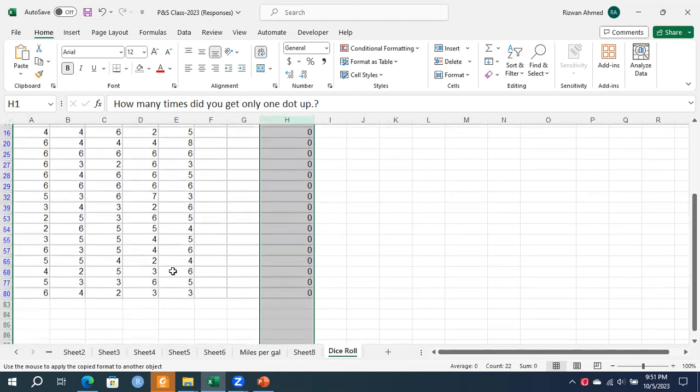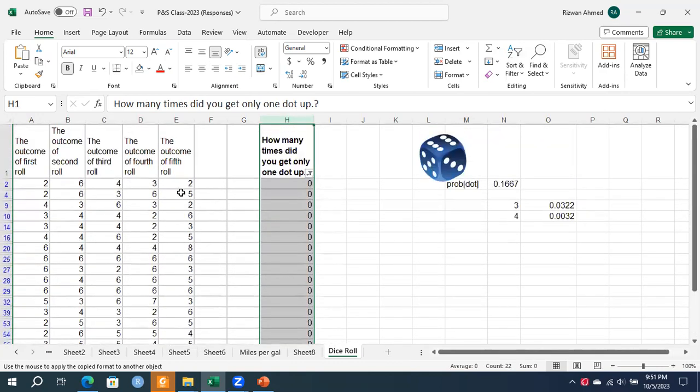So therefore these are the experiments in which the experimenters were unlucky, and they didn't get the desired outcome, which is one dot. So we have to count this one.